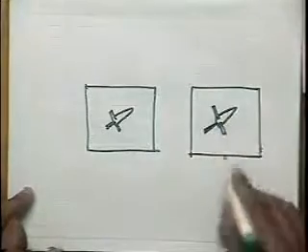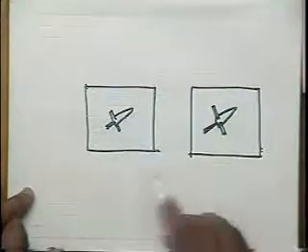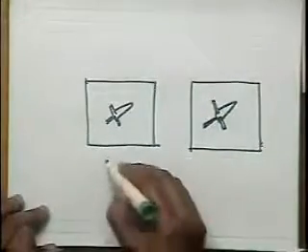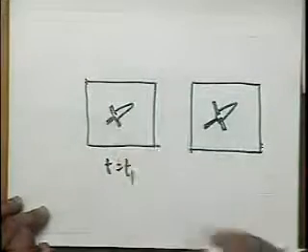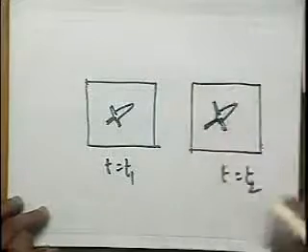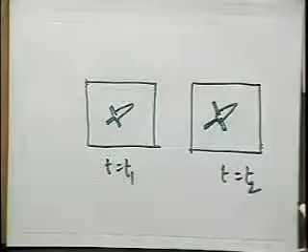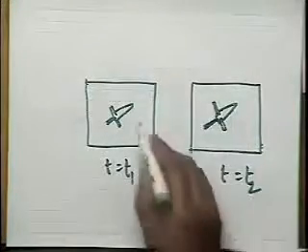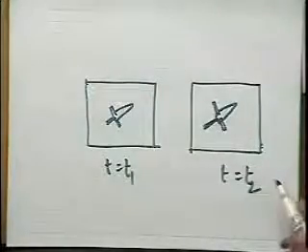Supposing this is a second image obtained after some time, maybe that at time t is equal to t1 we had obtained this image, and at time t is equal to t2 we have obtained this image. Now we would like to know whether this particular object is moving or not.